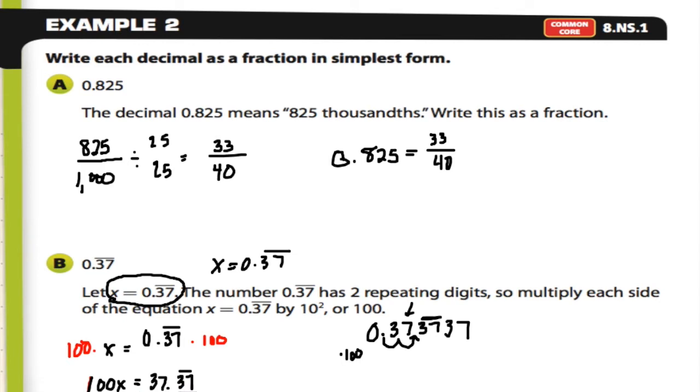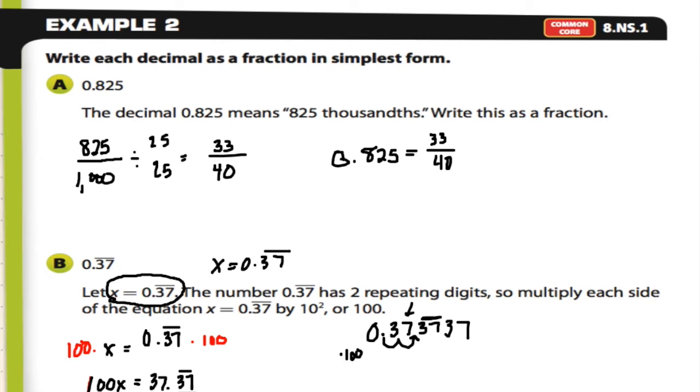Okay, so what I have left is, I'm sorry, not 100, I'm losing my mind here. So there's 100 x's over here. That's what that means. So since there's 100 x's and I'm getting rid of 1, that means I have 99 x's left, and over here I only have 37.